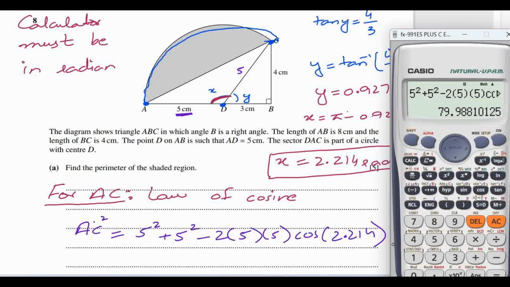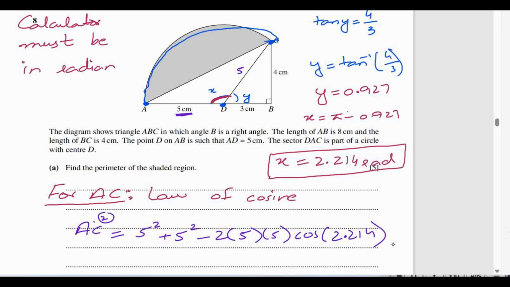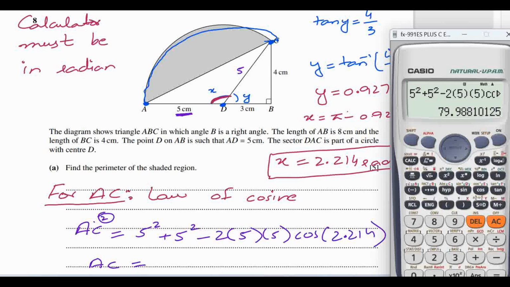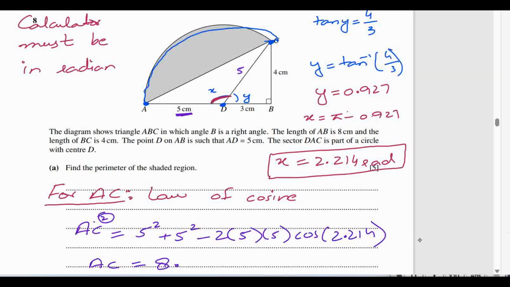But as we can see that there is the square over here, so AC will be equal to just take the square root of the answer. So this will be equal to 8.94 centimeter. So AC will be equal to 8.94 centimeter.